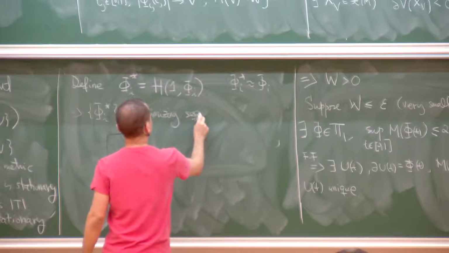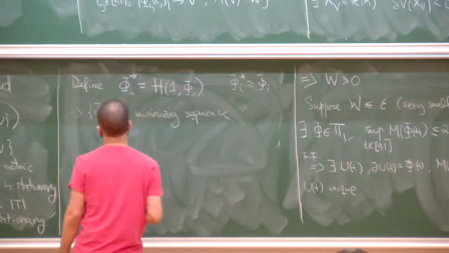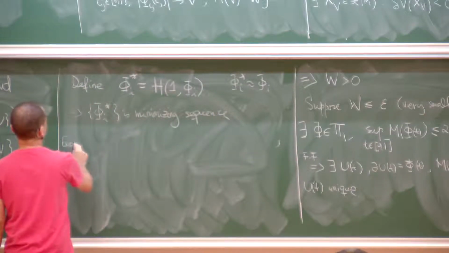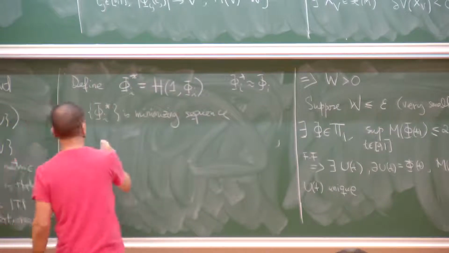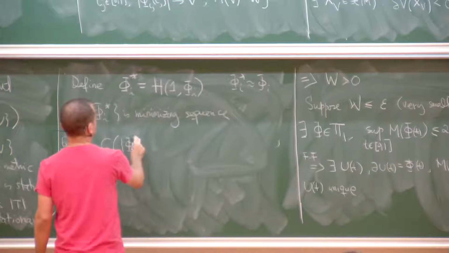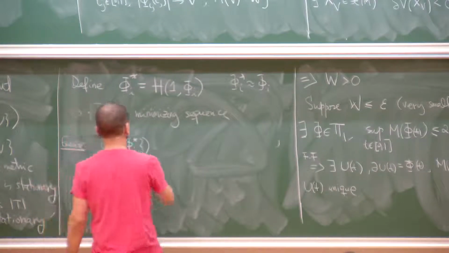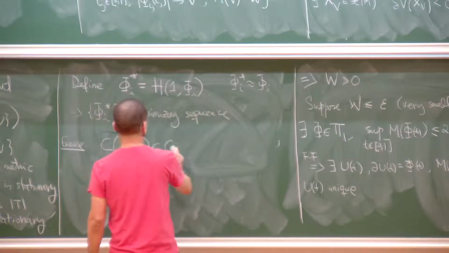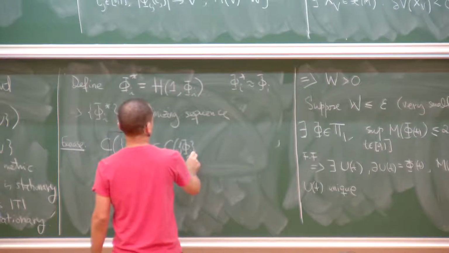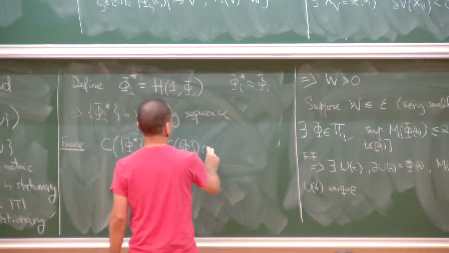But then it's easy to check now, and I leave this as an exercise, that the extra property that we have is that if I look at the critical set of my new sequence, Phi star, this is going to be contained in the critical set of the original one, but it's also stationary.